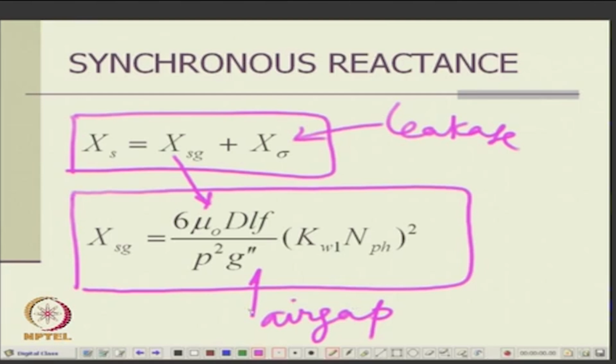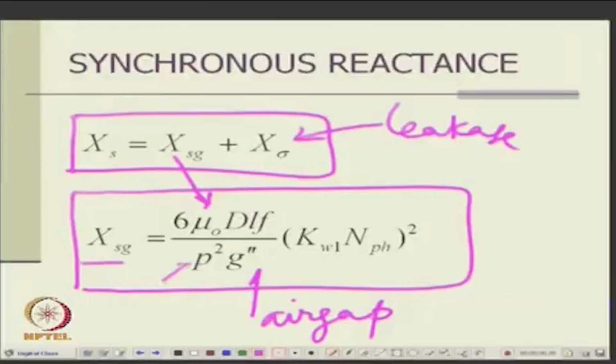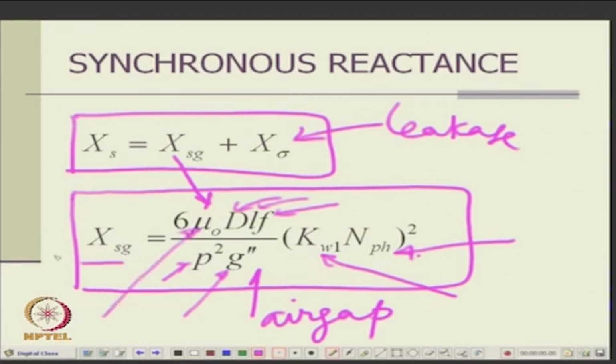What it means is, if you pass the current, a certain flux will link and pass through the air gap. And this will be based on design parameters like poles, gap length, winding factors, turns, diameter, length, and of course the frequency, and mu naught is the permeability. So, mostly the synchronous reactance depends upon the design data.